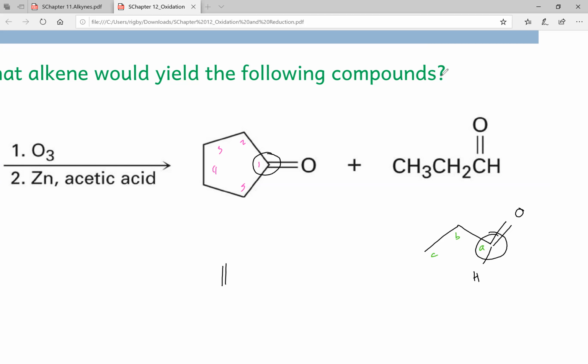So here's carbon 1, carbon A. I'm going to mark those 1 and A. And then we just end up drawing the rest of our chain. So 1, 2, 3, 4, 5, and A, B, C. Okay, you can finish numbering them out if you want to: 1, 2, 3, 4, 5. In fact, I would encourage that, just to make sure that you're drawing the correct thing and that you have the correct number of carbons.